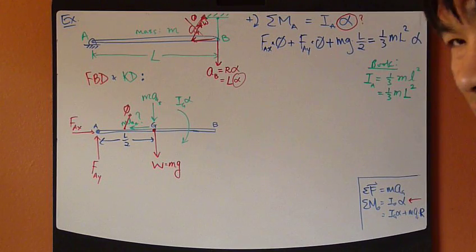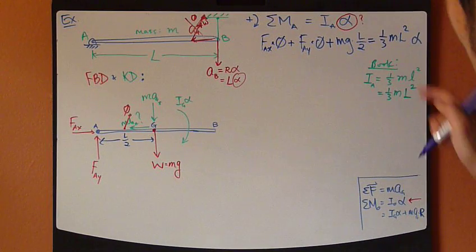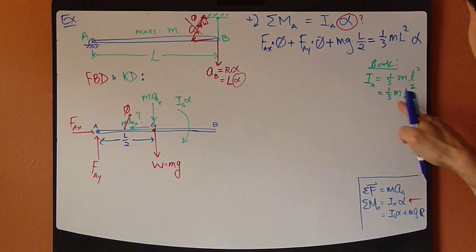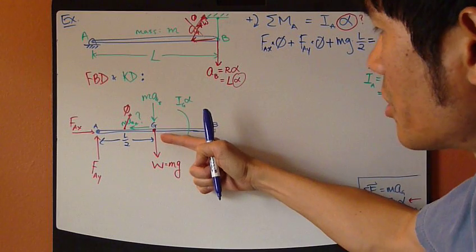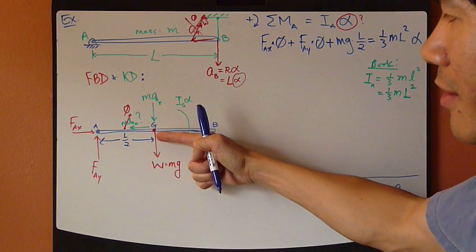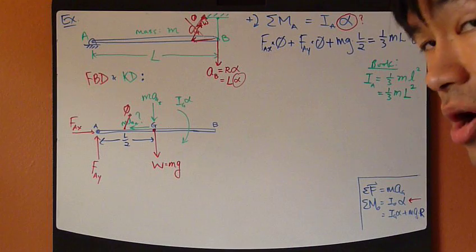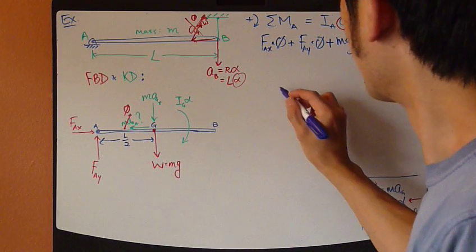So let's digress a little bit real quick, to prove that this is actually 1/3 ml squared, by using the mass moment of inertia about center of gravity and by applying parallel axis theorem.